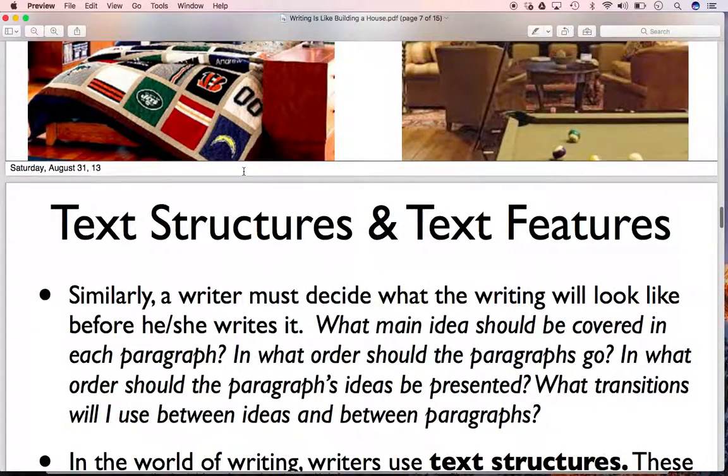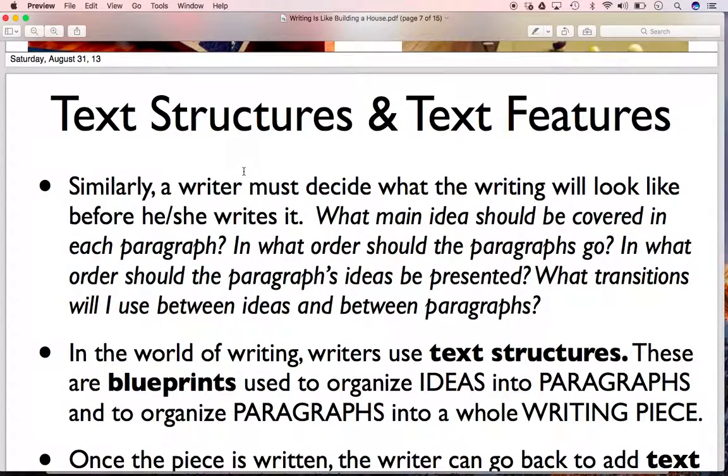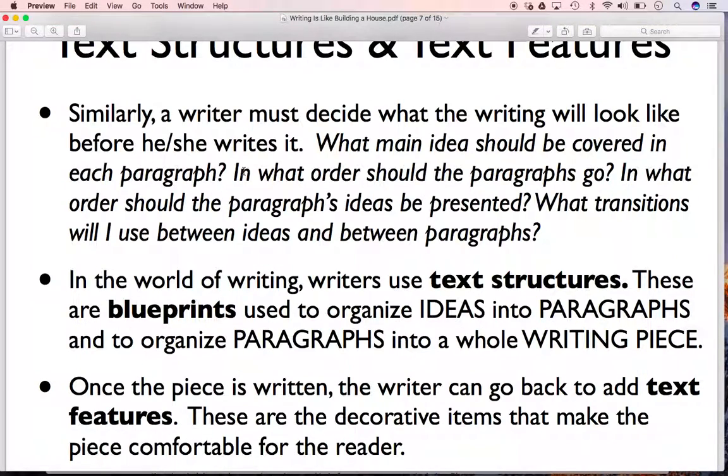And so we're going to compare those two aspects, the blueprints and the decorations, to text structure and to text features. So, similarly, a writer must decide what the writing will look like before he or she writes it.